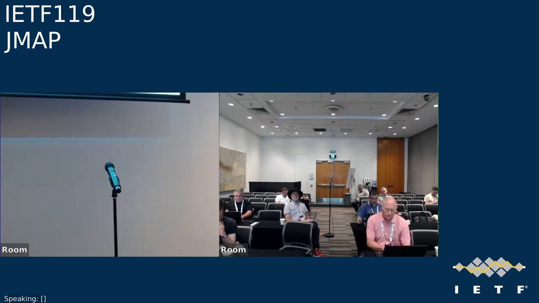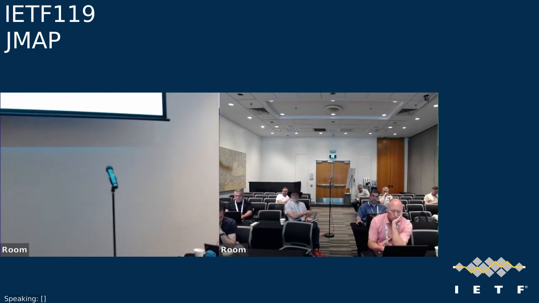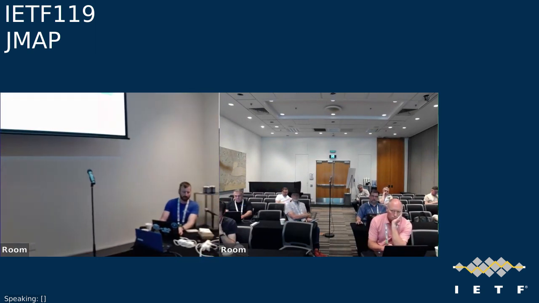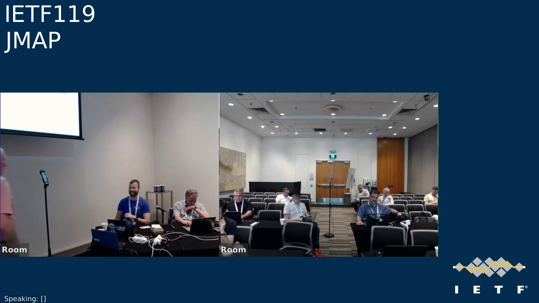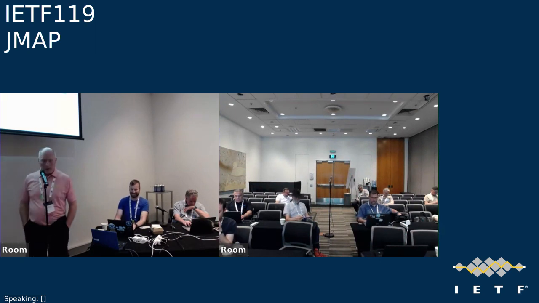All right, and then action: Murray will push all these documents through once they're done. We've got a lot of stuff in progress here. Existing drafts: CIV, process IMIP, and email snooze. I'll start with email snooze as the deck's coming up.